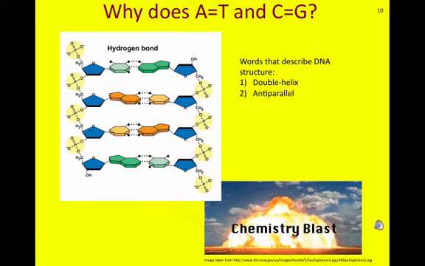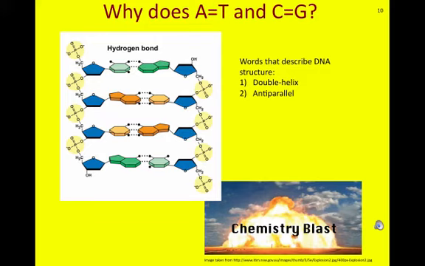It's time for a little chemistry blast. Remember, hydrogen bonds are small, weak bonds, but they're very critical in actually keeping molecules together, especially water. But hydrogen bonds actually are the key for holding DNA intact.